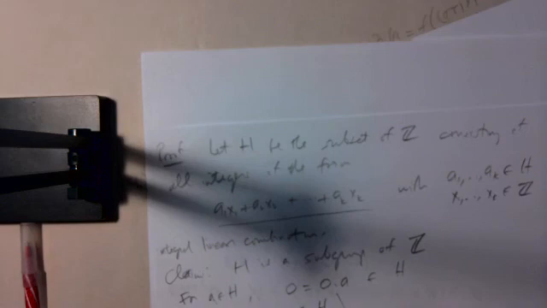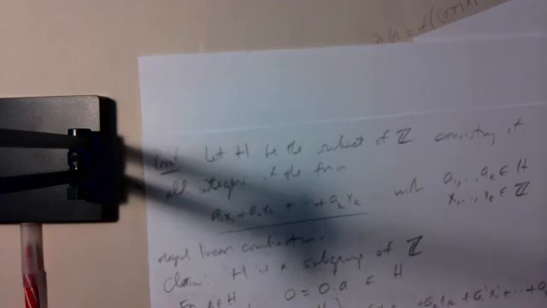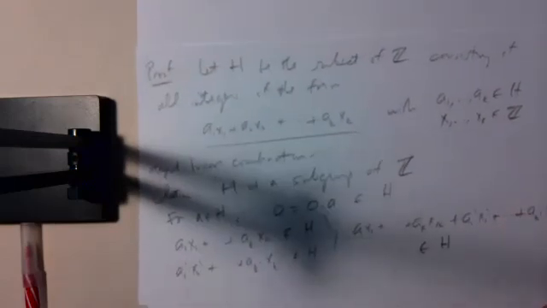If you add them, you get A1 X1 up to AK XK plus A1 prime X1 prime up to AK prime XK prime. So if you just take two linear combinations, you're in H.